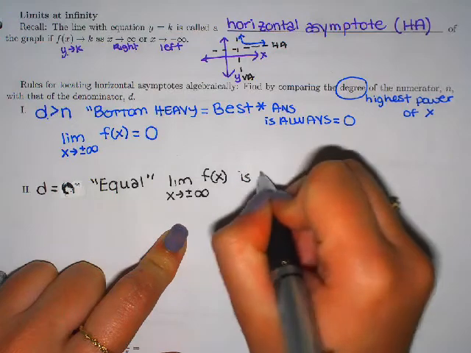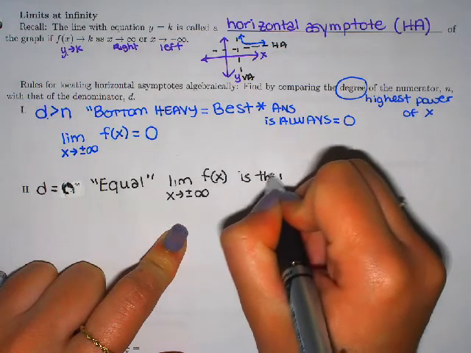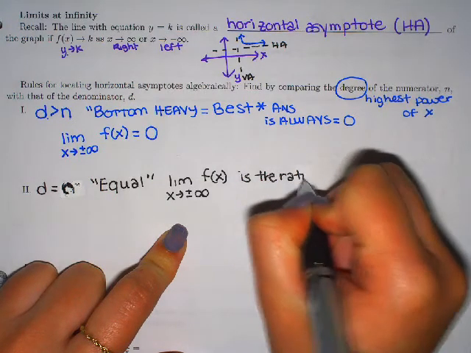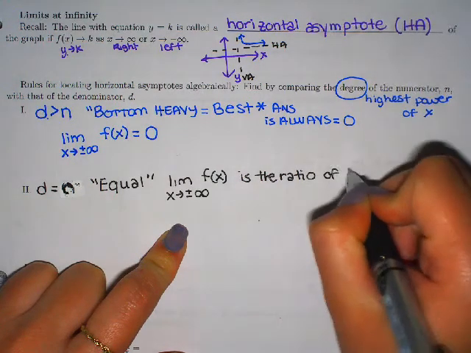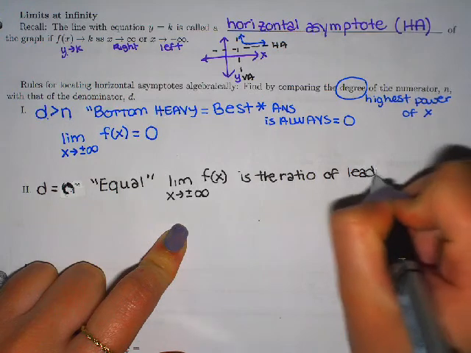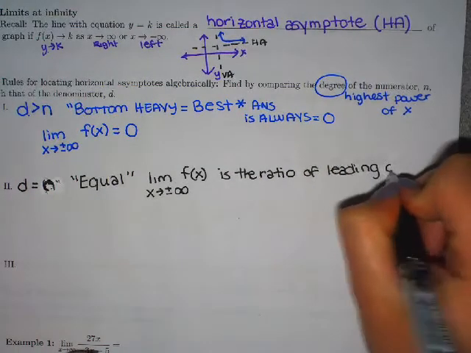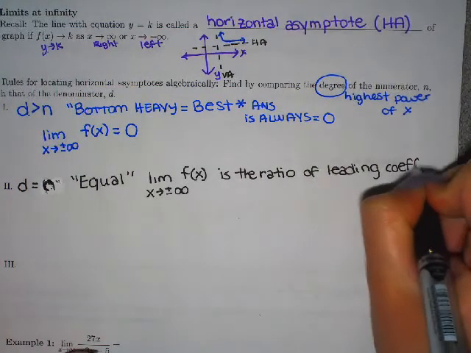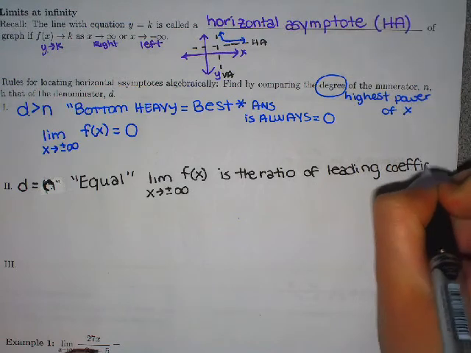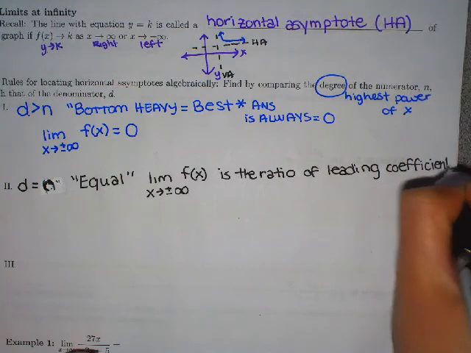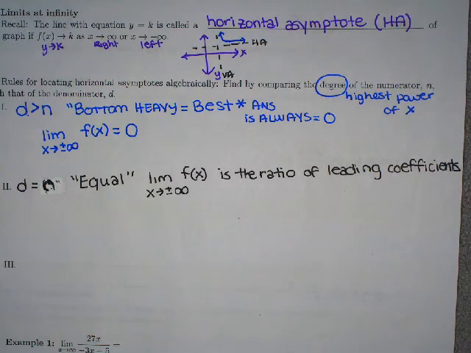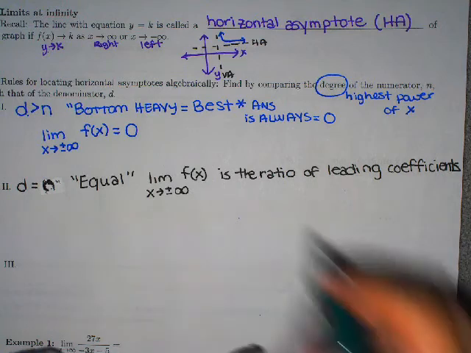The limit is the ratio of leading coefficients. It's the ratio of leading coefficients.